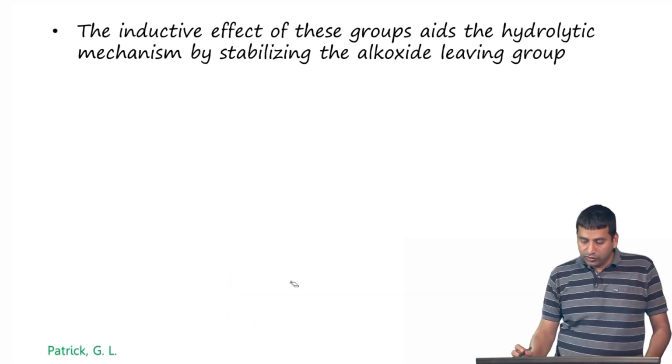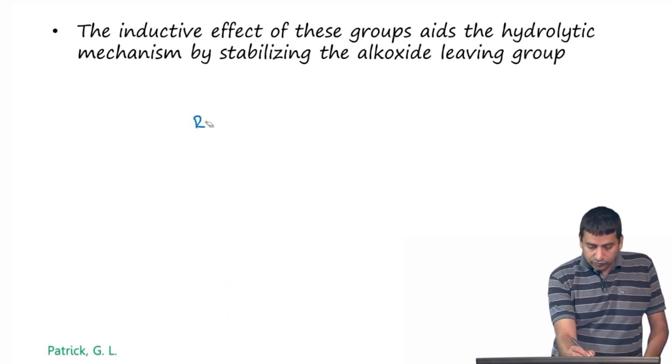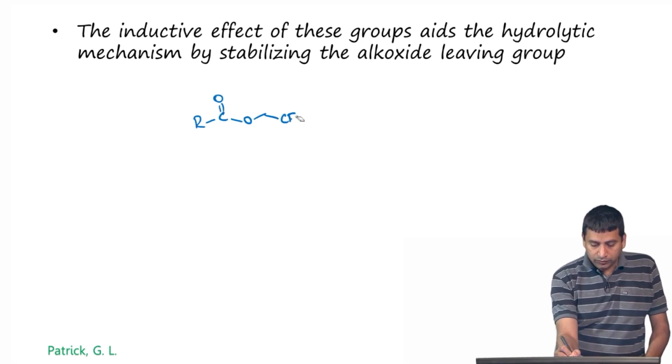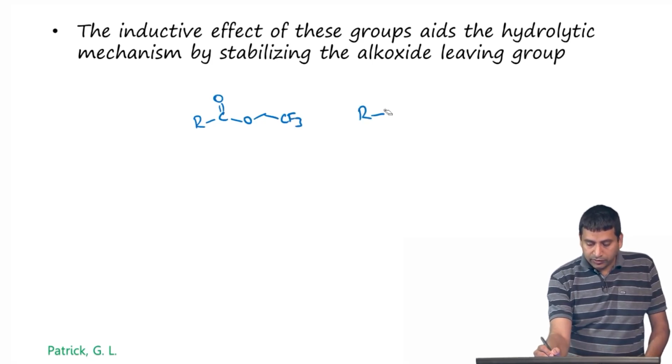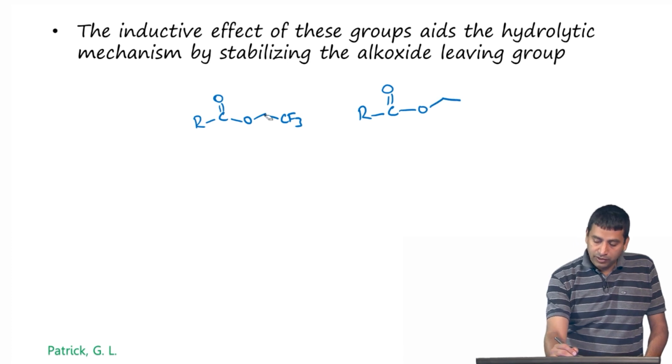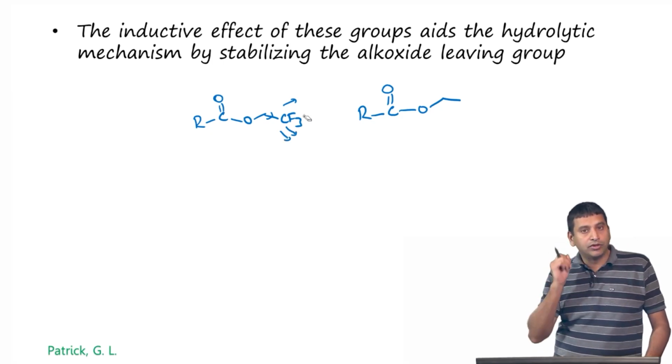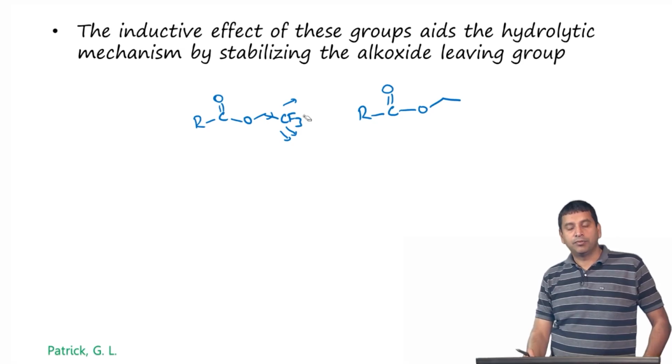Okay. So, the inductive effect of the CF3 is going to make this ester far better at hydrolyzing. Each of the fluorines is going to have an inductive effect, right. So, this is going to be far better in getting hydrolyzed when compared to the ethyl ester.